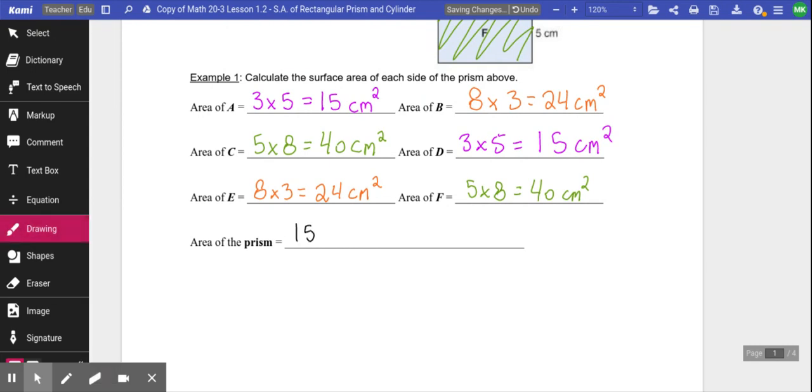So you have 15 plus 24 plus 40 plus 15 plus 24 plus 40. You would get 64, 74, 79, 158 is what I get. Yeah. So if you add all those sides, 158 centimeters squared.